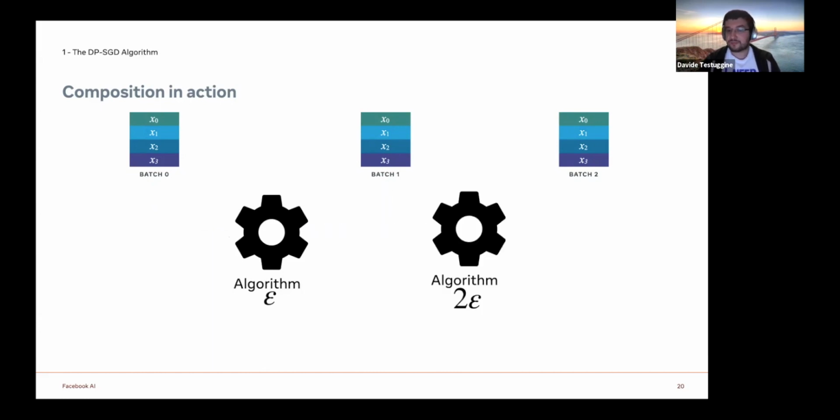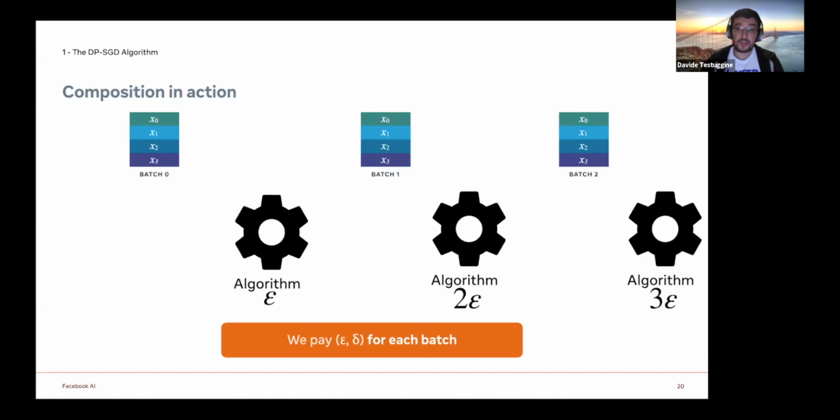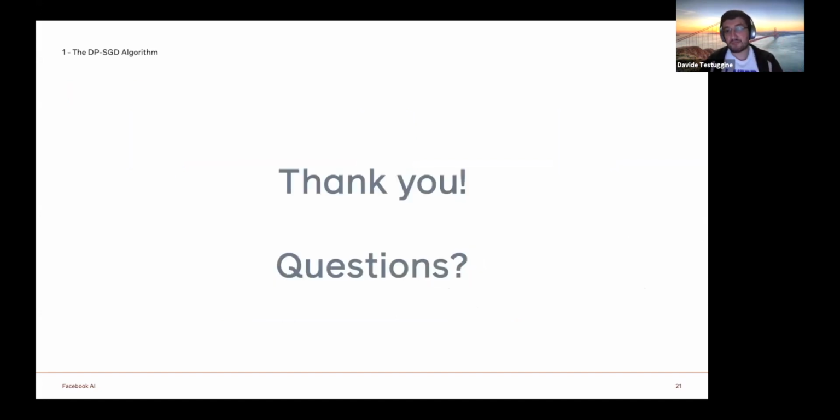The next batch comes in, so we pay another epsilon, and so on. Every single batch is going to cost us something. In particular, if we use standard composition, we pay epsilon, delta for each batch, which can lead to pretty humongous privacy epsilons, which don't do all that much. That would be an area of improvement, but apart from that, we're done.